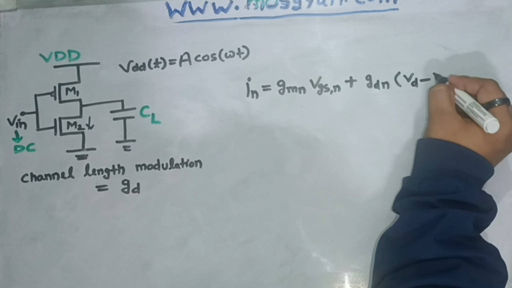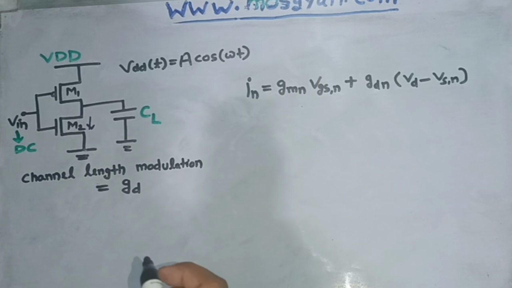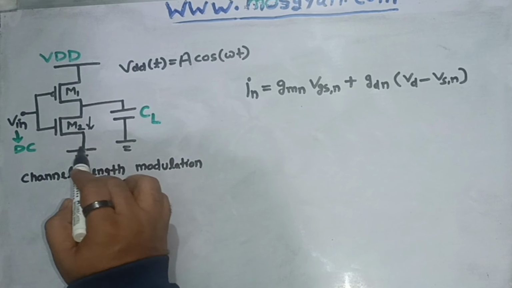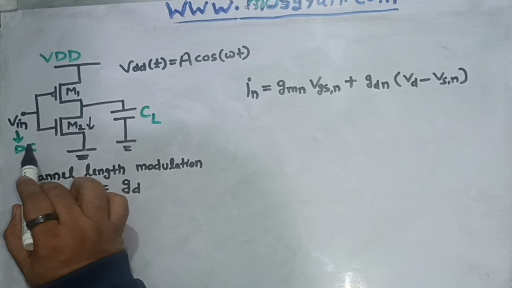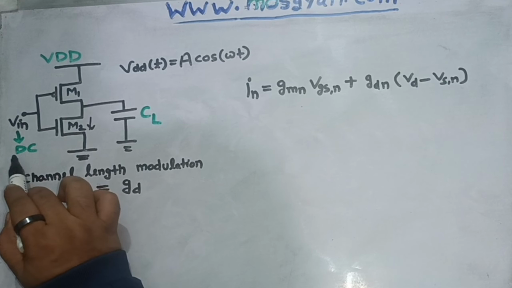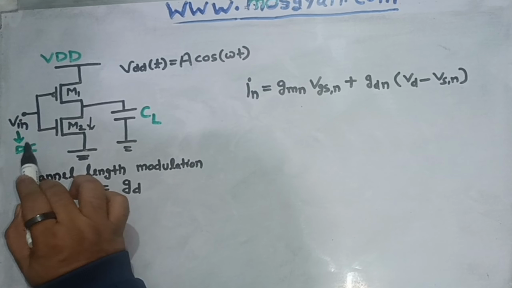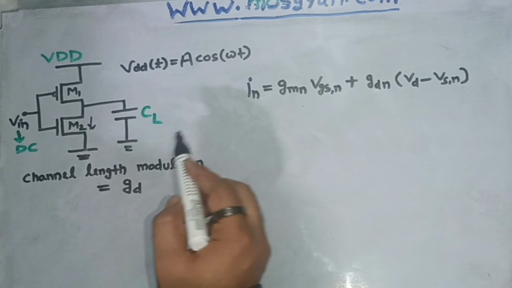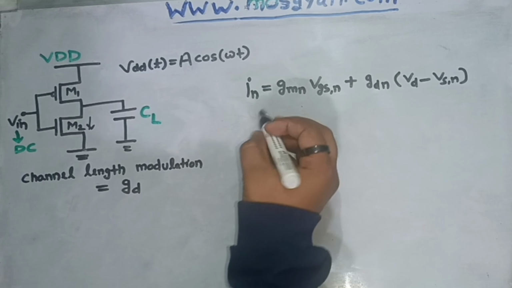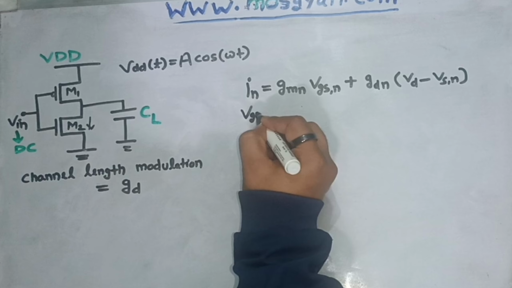Now we know the value of some parameters here. The source voltage is already 0, and the gate potential will also be 0 because the input is DC in nature, which is given to us in the question. So this will be AC ground while doing the AC analysis, so we will consider this 0. So VGS will become 0 for this NMOS.